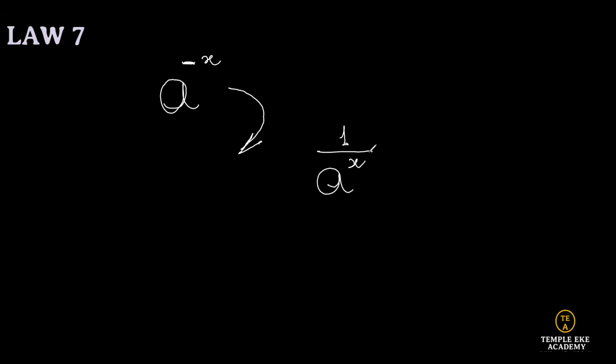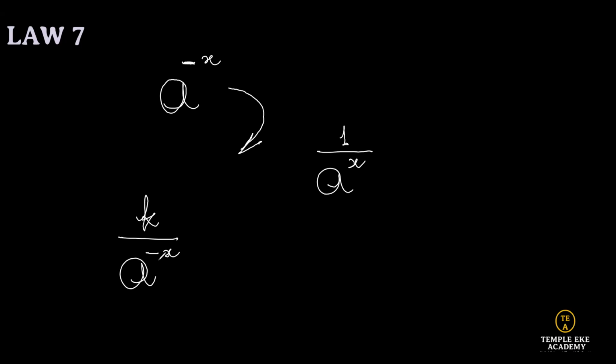This is a law. The presence of the negative sign in the power gives the number the capacity to move. If it was originally a numerator, then it becomes a denominator. And if we have it as a denominator, for example, a constant k on top of the number a to the power negative x, the number has a negative power.